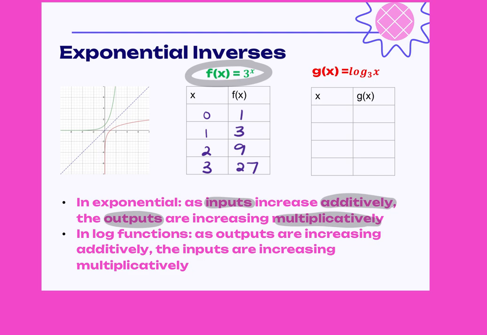So as my input values increase at a rate that is additive, meaning I add the same thing each time, my outputs are changing multiplicatively, meaning I'm multiplying by the same thing each time. So here we're adding 1, and here we're multiplying by 3. On the log function, if I did the same thing, well, that's a bad example, but I'll get to it in a second.